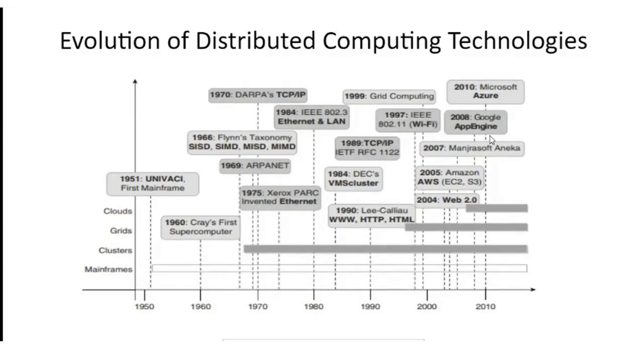Then we have a standard specification, that is RFC, request for comment, then IEEE 802.11 Wi-Fi, everything. Then comes grid computing, and the successor of grid, what we are calling cloud computing. In cloud computing, there are many companies acting as cloud providers. That is what is given in the whole diagram.